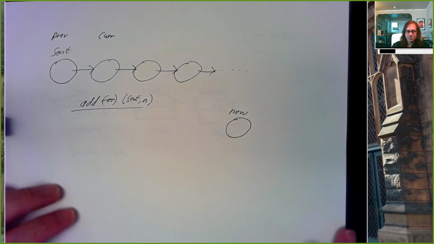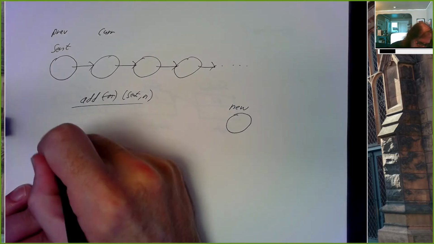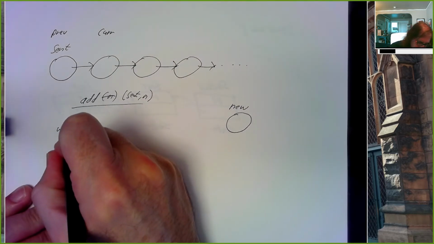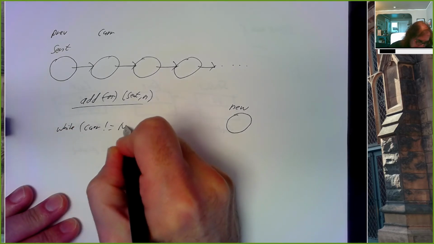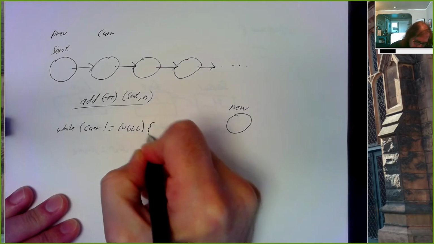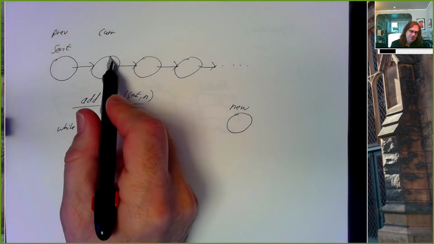Current could be null. And so we can do the same while loop while current is not null. Well, if we get inside the body of this while loop, this is an existent node.